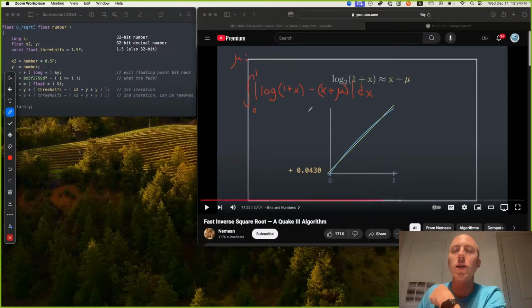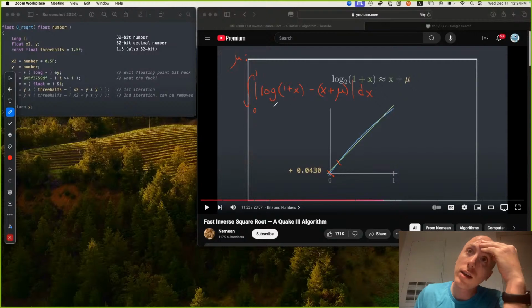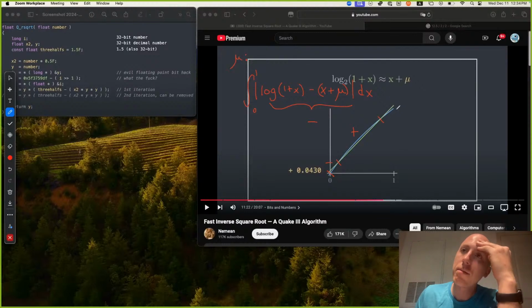And I just wonder too, do we need the absolute value? Because in this range to this range here, this difference is going to be negative. And then from here to here, the log term is going to be positive, on top.